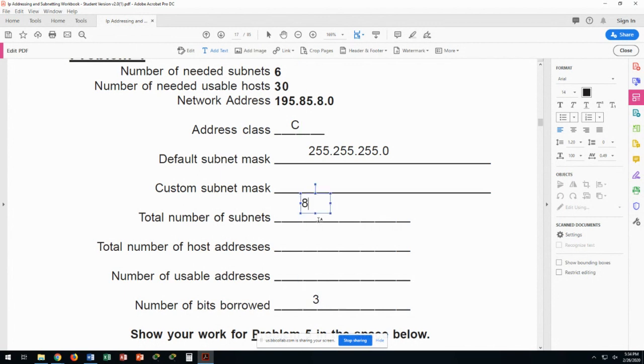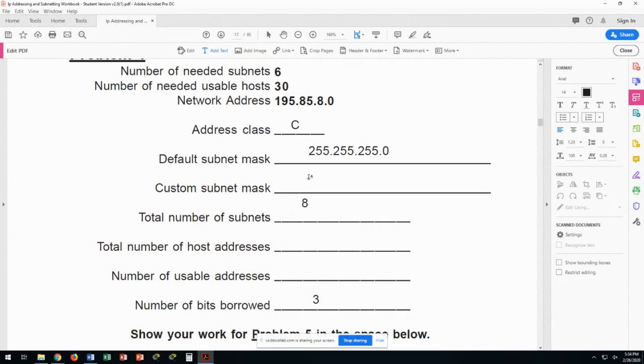How many networks does that create? 8, right? So now if we borrow 3 bits, 1, 2, 3, plus 128, plus 64, plus 32, that's 224.